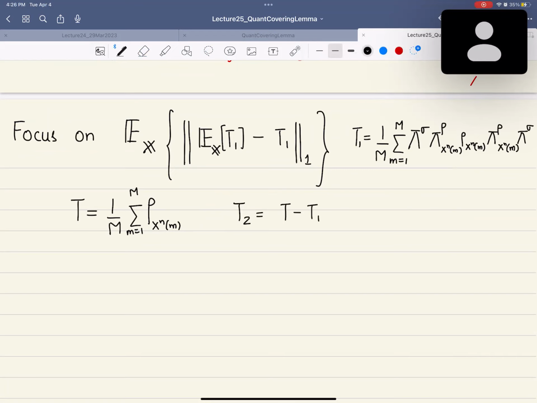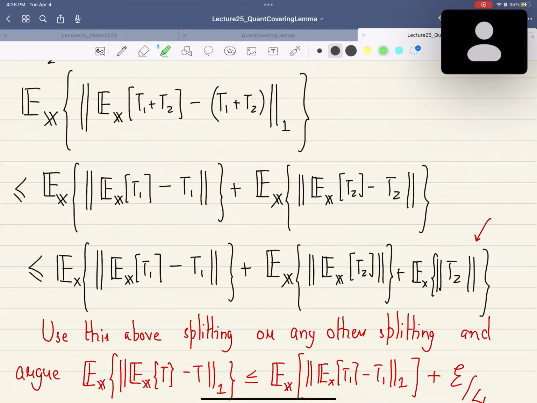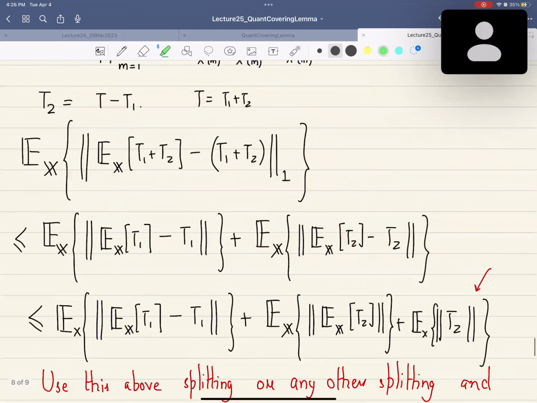And what I'm doing is, so look here. Let's go with this for a second. T2 is T minus T1. So T is T1 plus T2. I was after the expected value of T minus T, so I wrote it as T1 plus T2.